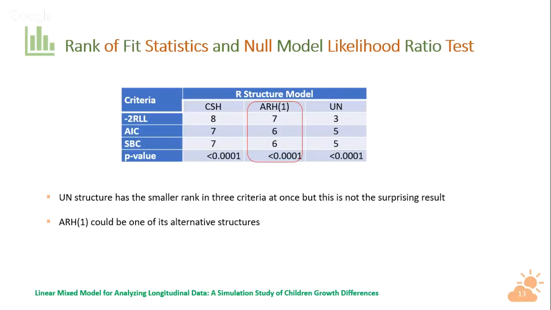But the unstructured variance-covariance model has the smallest rank in the criteria. It is not surprising that the unstructured covariance model must be the best, but it has many parameters to estimate. By this result, we can conclude that the heterogeneous first order autoregressive could be one of the alternative structures for the variance-covariance model.